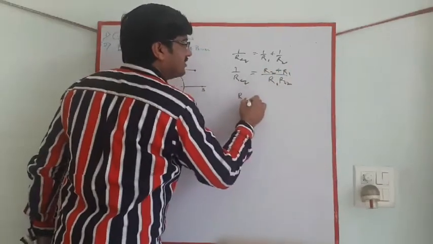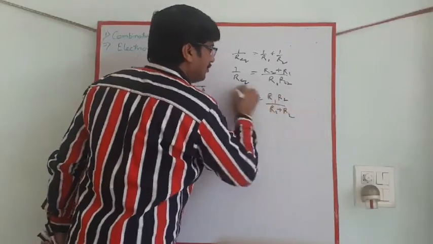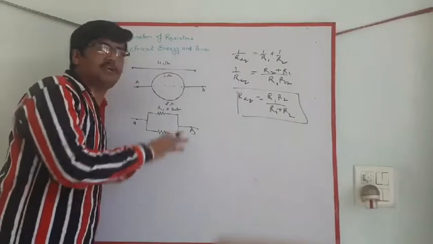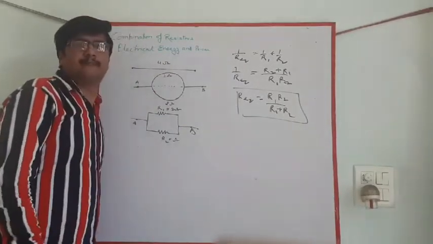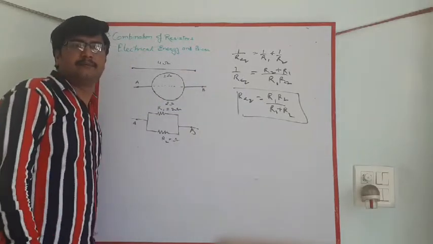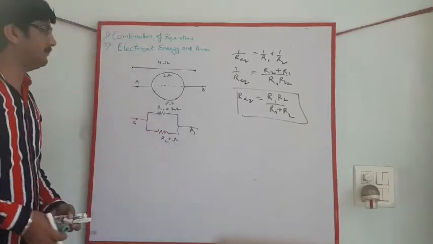Then R equivalent is equal to R1 R2 upon R1 plus R2. You can remember this formula also if you are having only two resistors parallel to each other. Use that in this relation. Otherwise, you have to do accordingly.